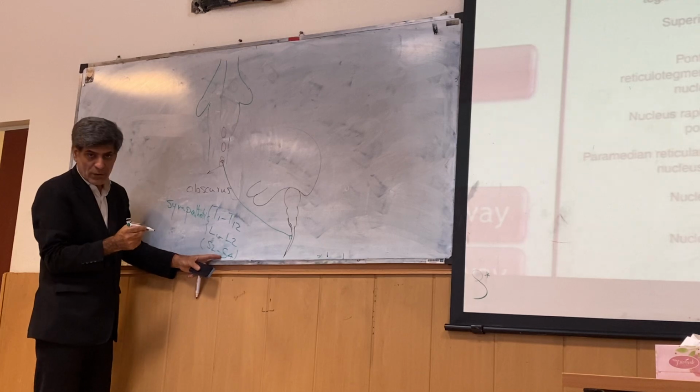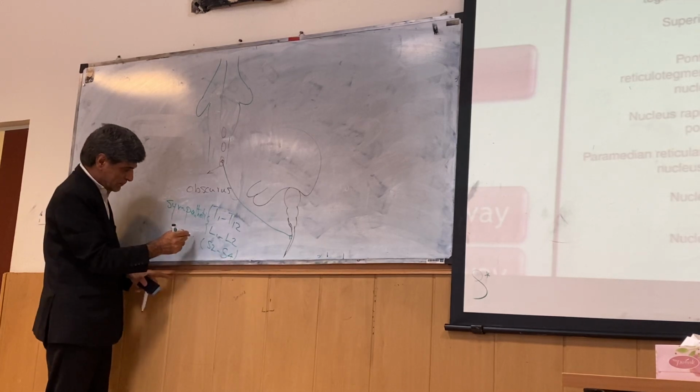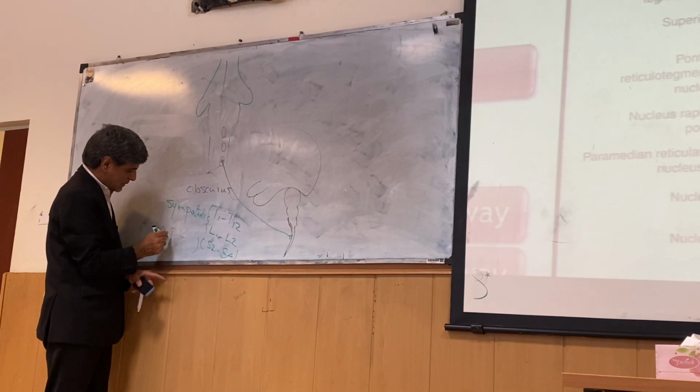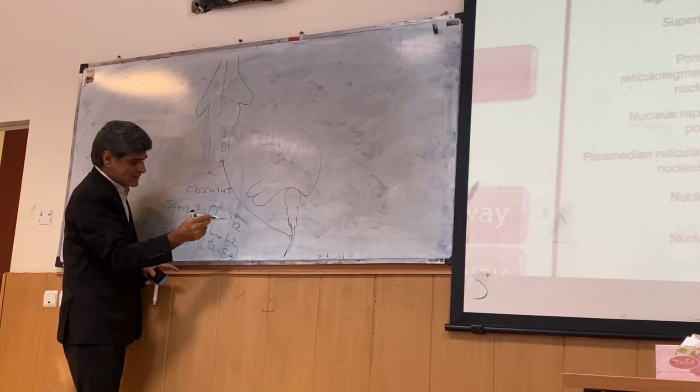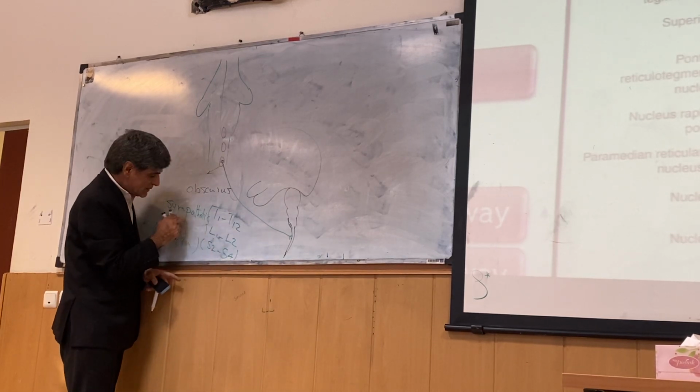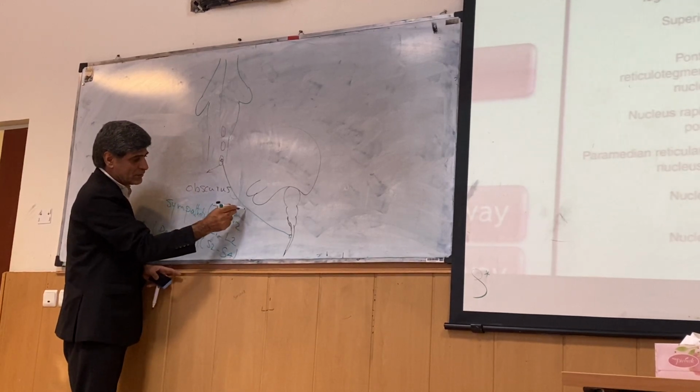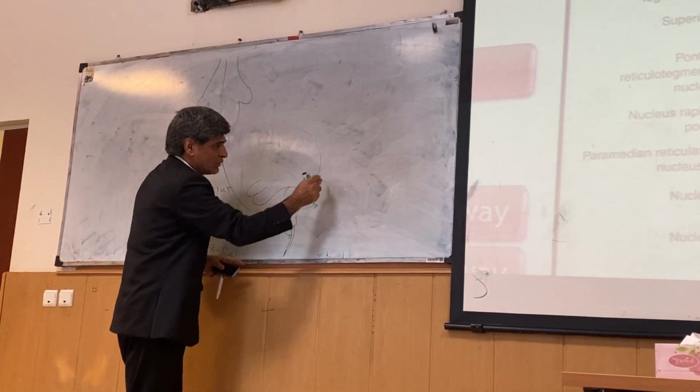And C2, C3 and C4 with parasympathetic neurons. The obscurus synapses with sympathetic and parasympathetic neurons.